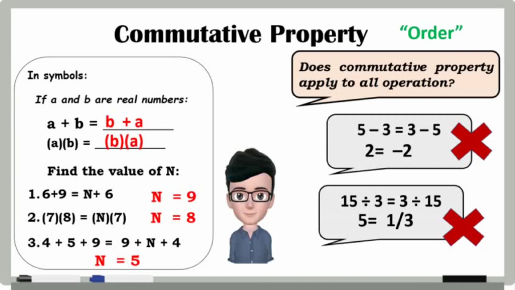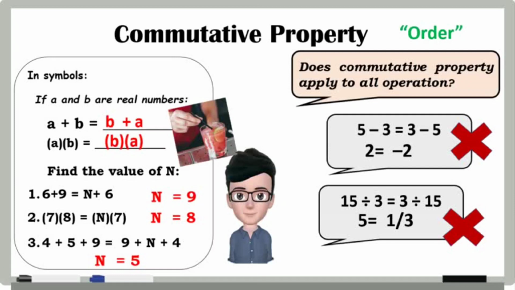Now, in commutative property, it is only applicable to addition and multiplication, but it is not applicable in subtraction and division. Just like in real life, there are things in real life na pwedeng i-change yung order, meron namang things in real life na hindi pwedeng mag-change ng order. For example, what can you see in the picture?